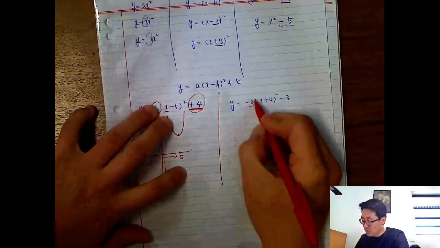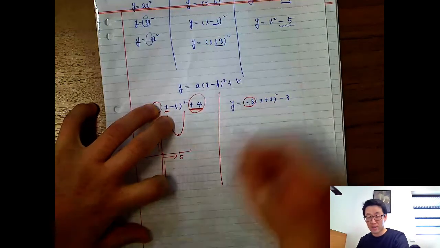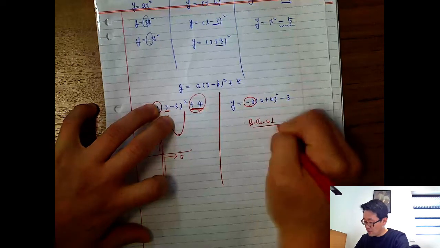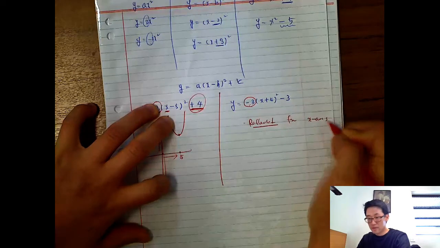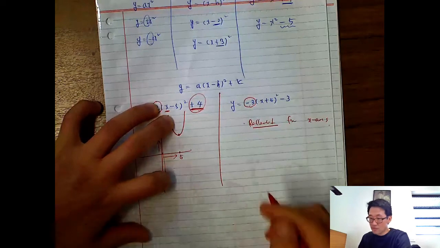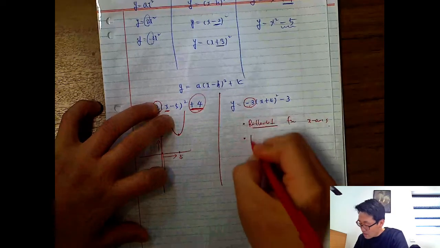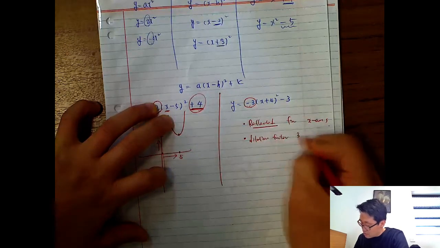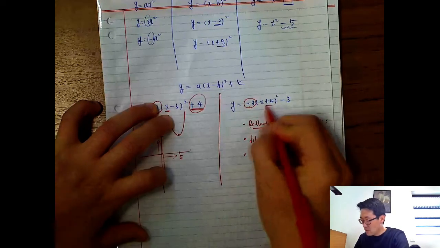Let's check first: a is minus 3, which means this is reflected from the x-axis. The dilation factor is 3.